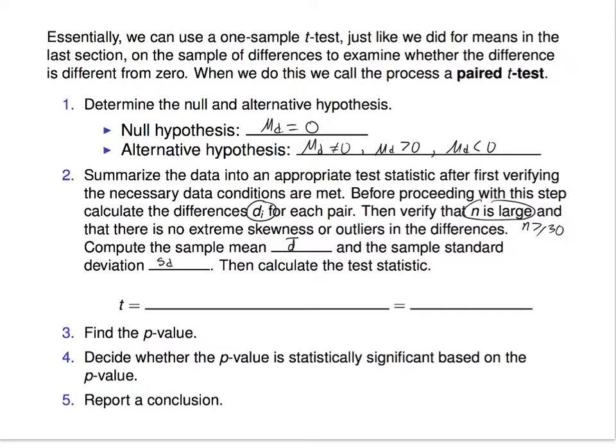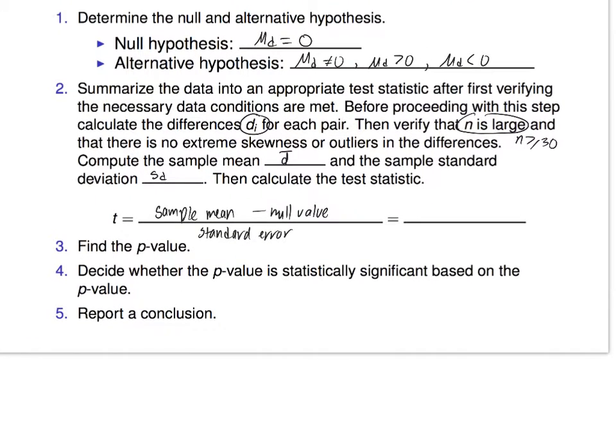And then the structure of the t statistic is pretty similar to what it was the last time. So last time we had the sample mean minus the null value over the standard error. And just to remind you what that was last time, this was x bar minus mu over s over root n, right?